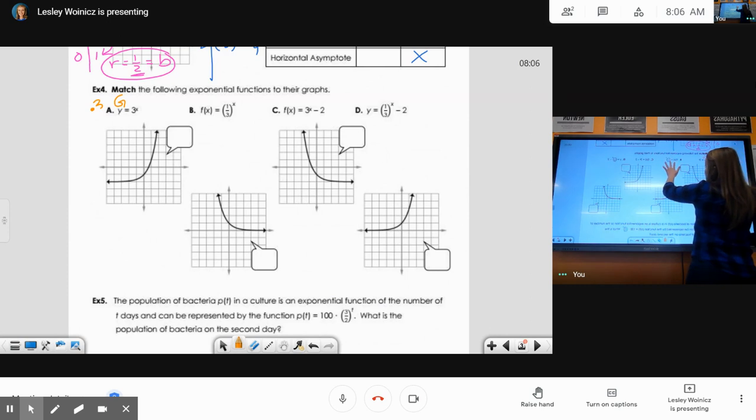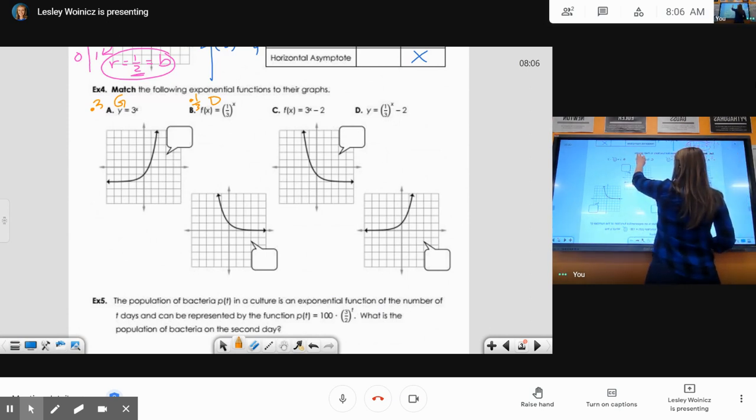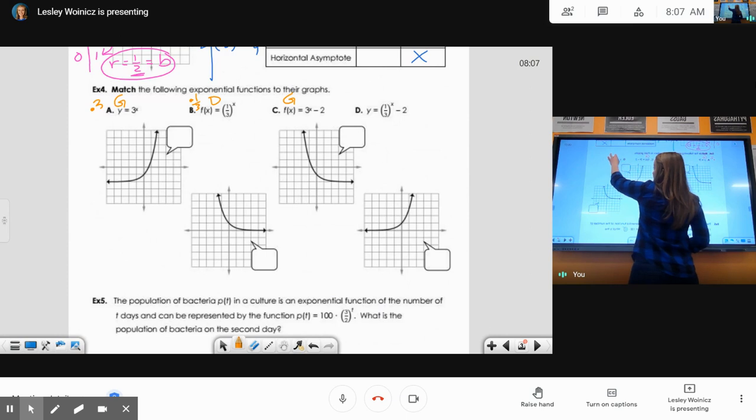Okay? B is multiplying by 1/3, so it's going to be decay. C is multiplying by 3, so it's going to be growth. And D is multiplying by 1/3, so it's going to be decay.